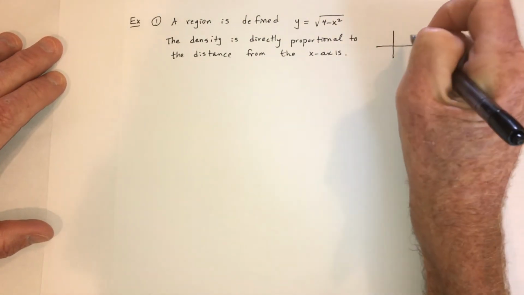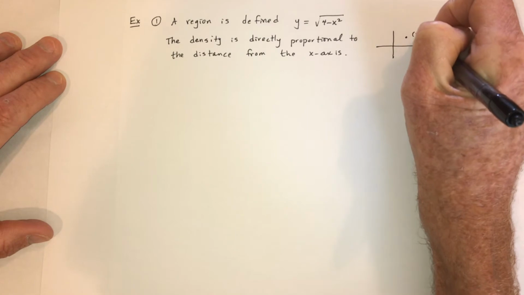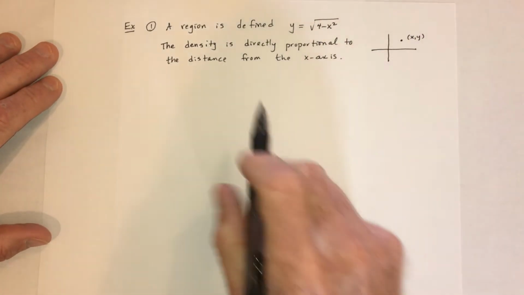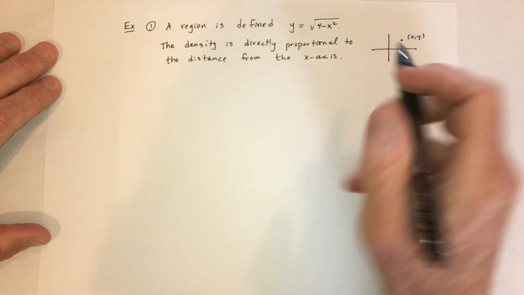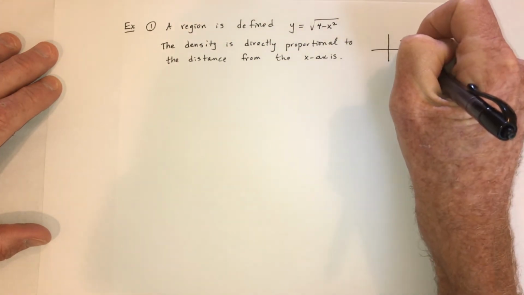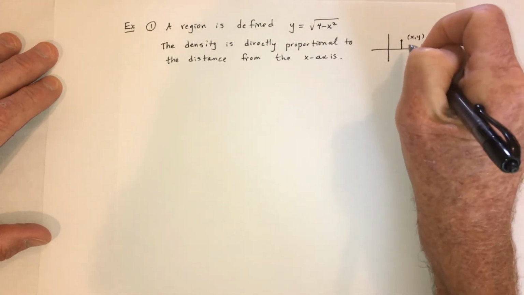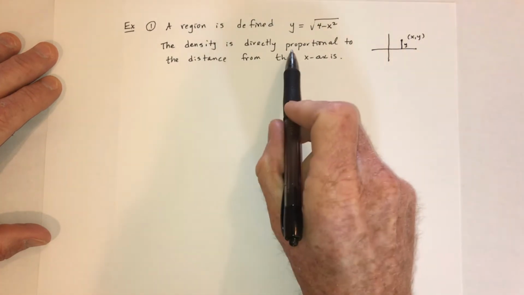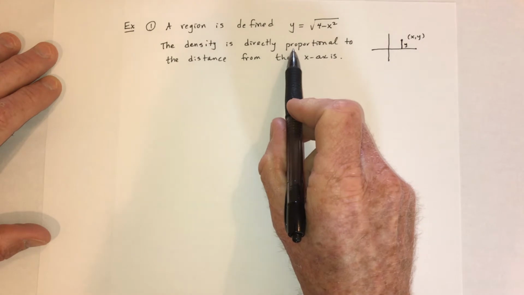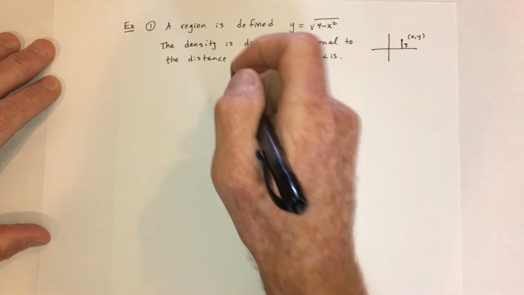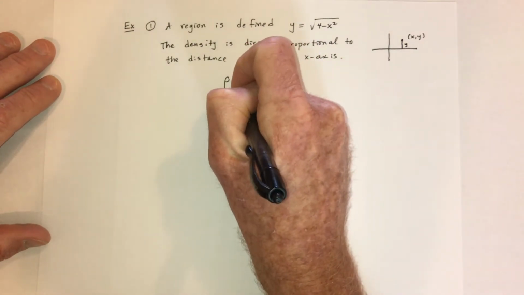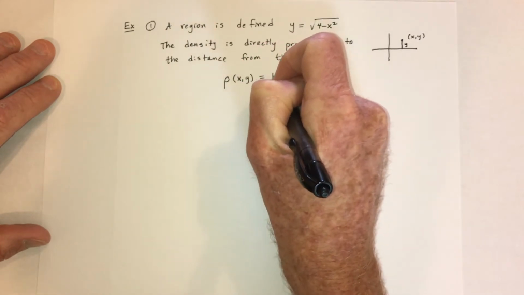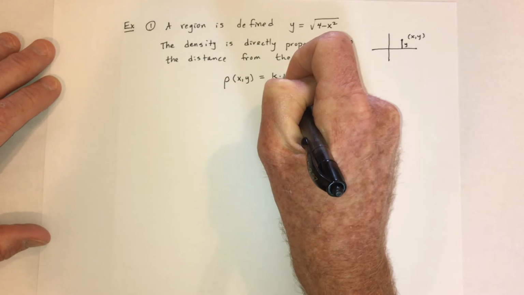So if you were at some point, let's say this point is x comma y, then the distance from the x-axis, that would be this distance right here. So that distance is whatever the y equals. Directly proportional means it's a constant times that. So that means the density function at x comma y is going to equal some constant times y.